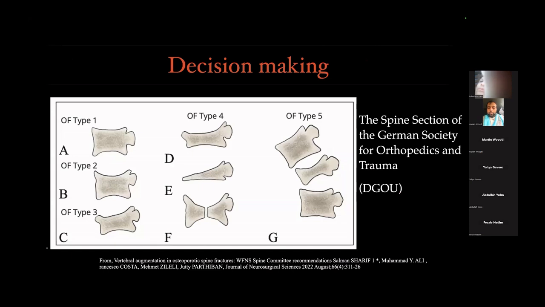How can we decide which patient needs an operation and which patient goes to conservative treatment? There is a classification by the German orthopedic and trauma surgeons that divides osteoporotic fractures into five types, type 1 to type 5.